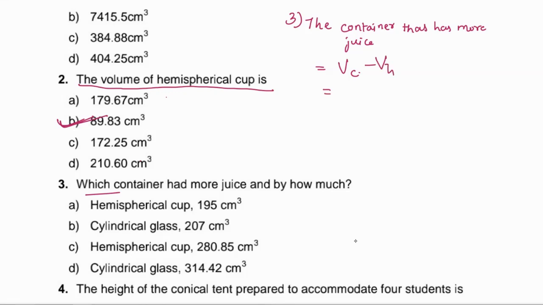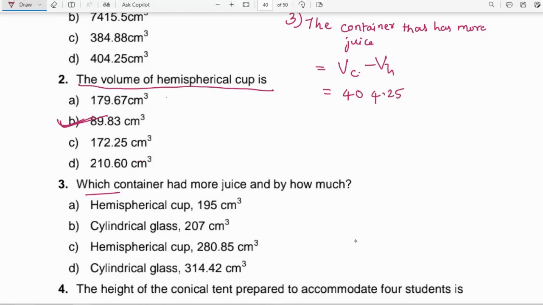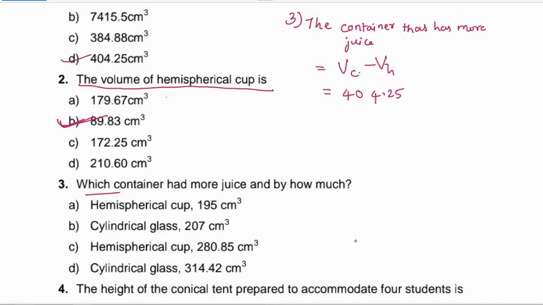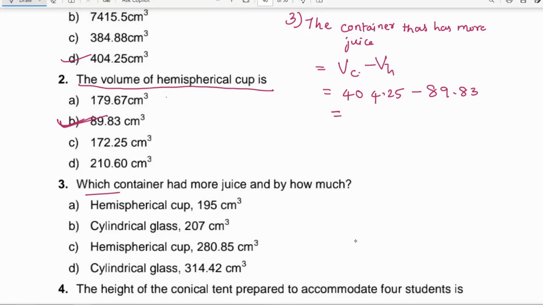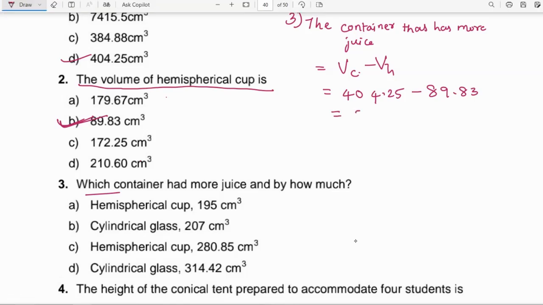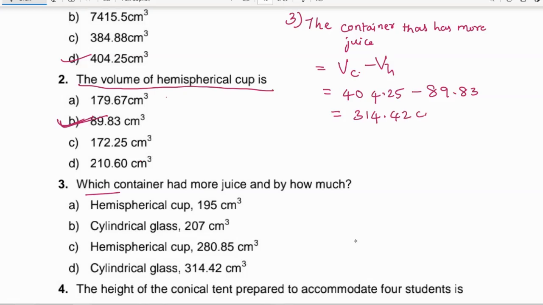So here we have already found it. So it is 404.25 minus 89.83. So it will be the answer 314.42 centimeter cube. So this is the answer D.